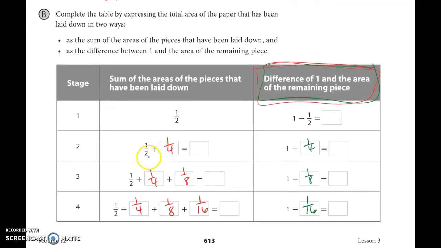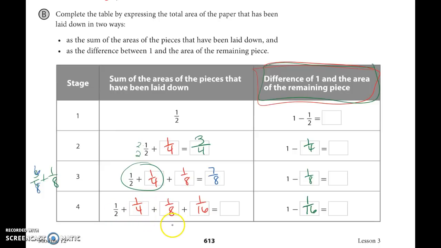So a half plus a fourth, we have to get common denominators. I'm going to do this quickly. And we get 3 over 4, or 3/4 of the paper. We already know that this is 3/4, so then 3/4 plus 1/8, that's also 6 over 8 plus 1/8, so I get 7 over 8.